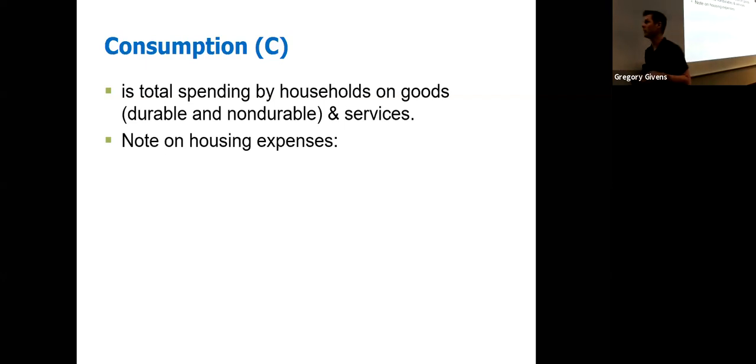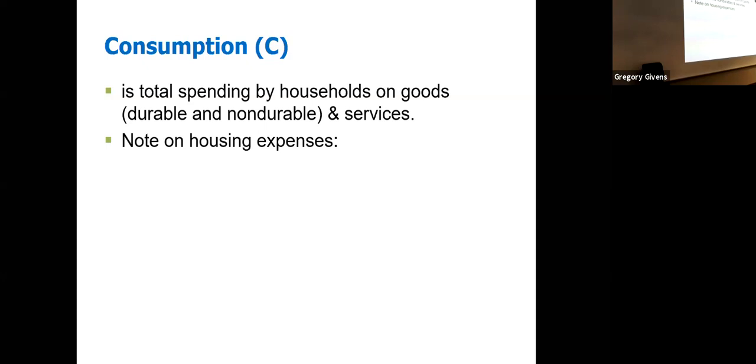That's pretty straightforward. Now, let me talk for a few minutes about the most important component of consumption spending, and it falls in the services category, and that is our spending on what's called housing services. We basically have 2 types of individuals or participants in our economy.